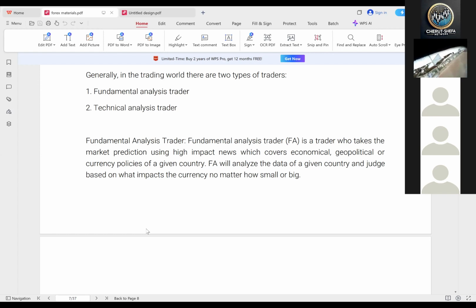They release data on employment, interest rates, retail sales, consumer production, and all of this data have a way of generating impact in the market.